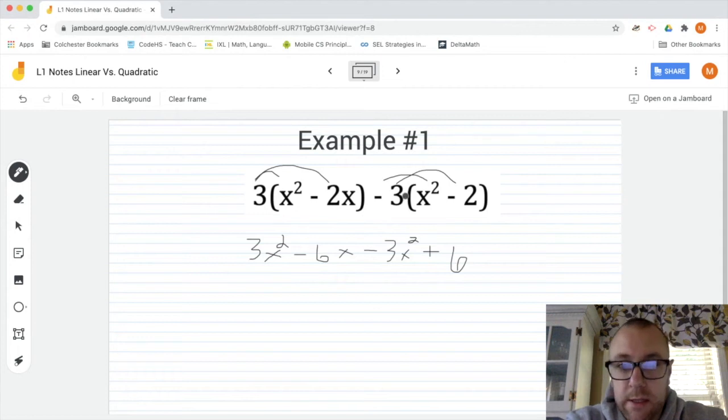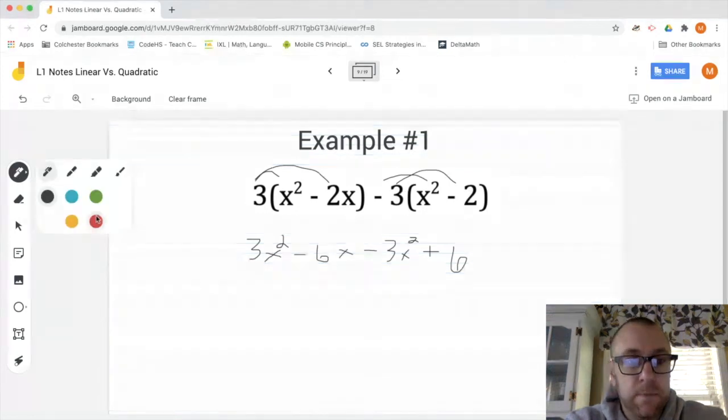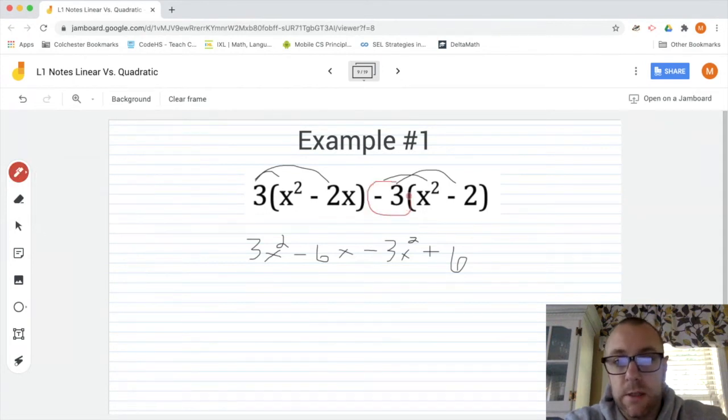Okay, because this term right here is negative. So when I multiply by this -2 here, I get that positive 6.